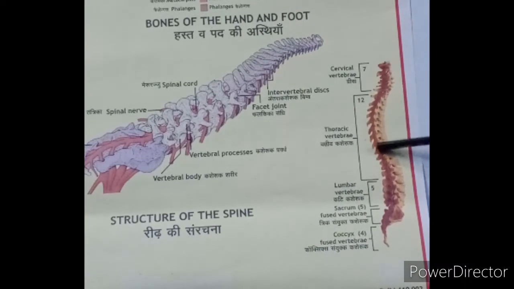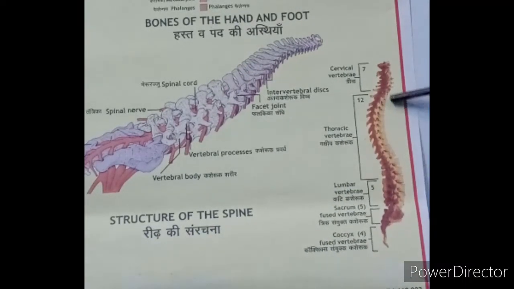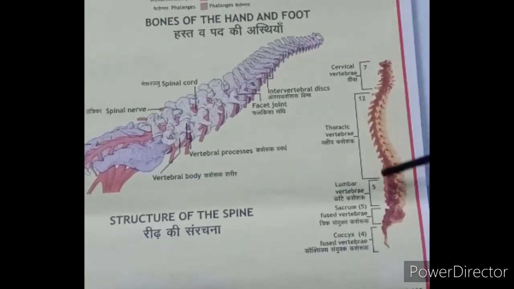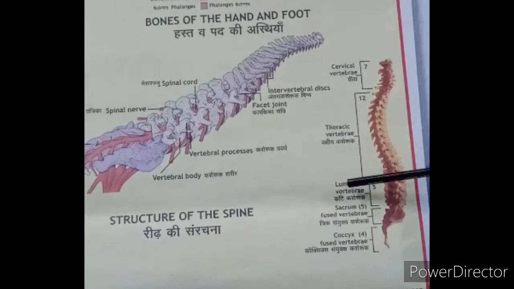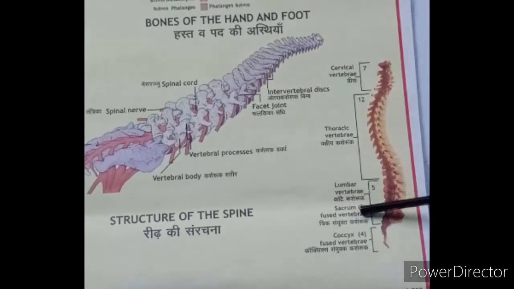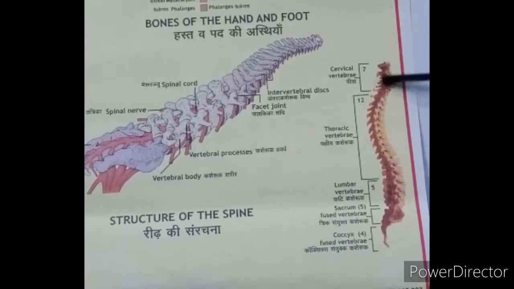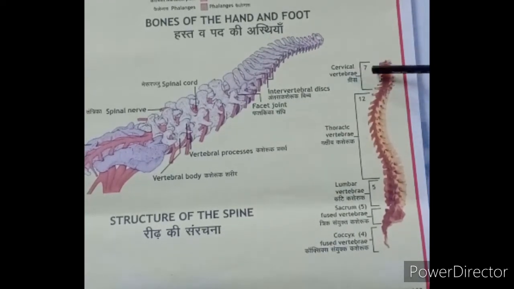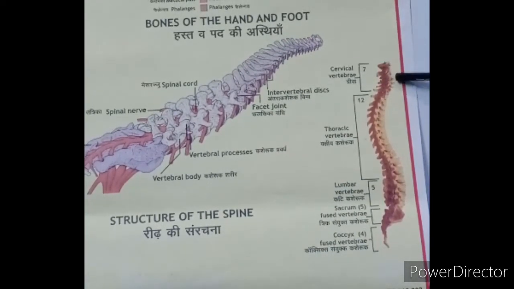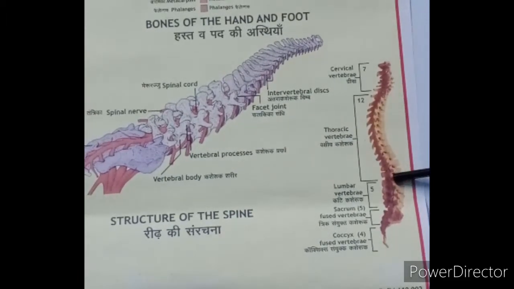This vertebral column is divided into 5 parts. First one is the cervical vertebrae, thoracic vertebrae, lumbar vertebrae, sacrum and coccyx. These names I have discussed. Now in the figure you see. So 7 cervical vertebrae, 12 thoracic vertebrae, from here to here 12 vertebrae are there.